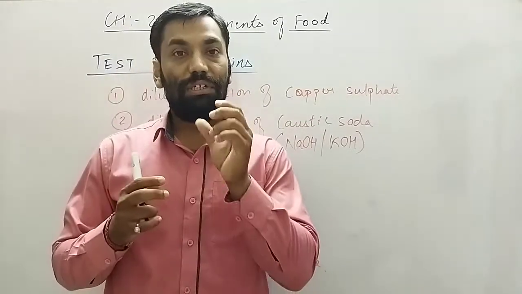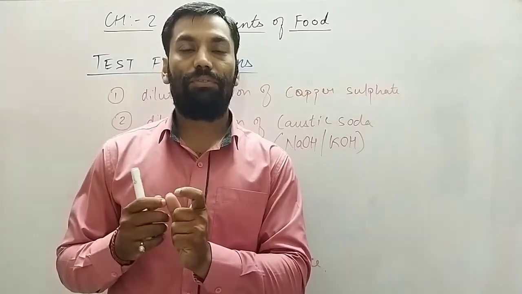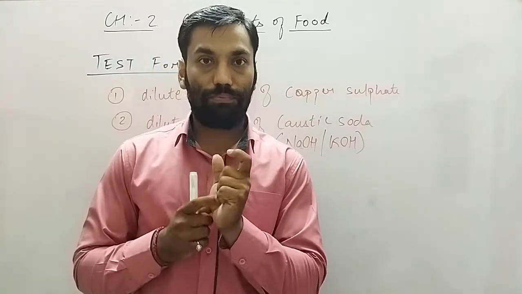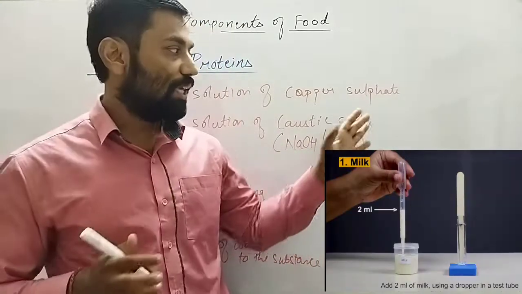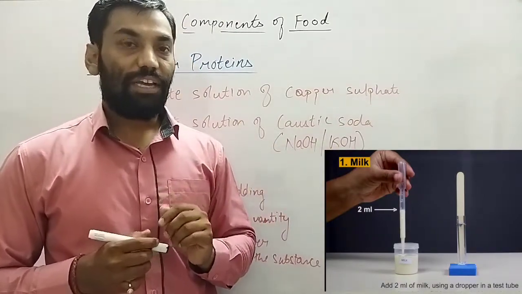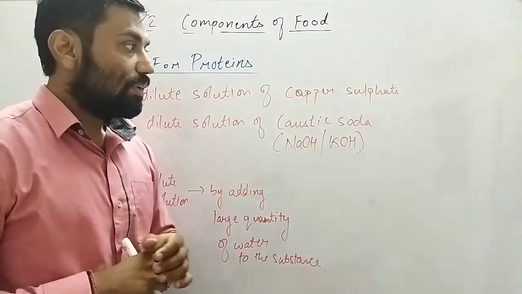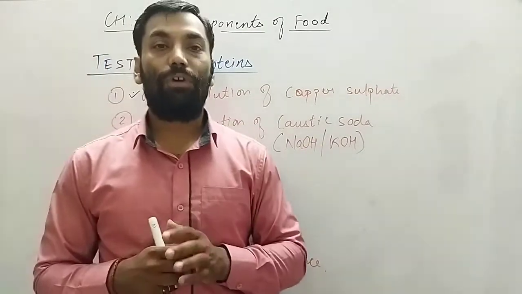Then you take that paste form or liquid form of the food containing protein into the test tube, as you can see here. After that, you can see we are adding 10 drops of water.